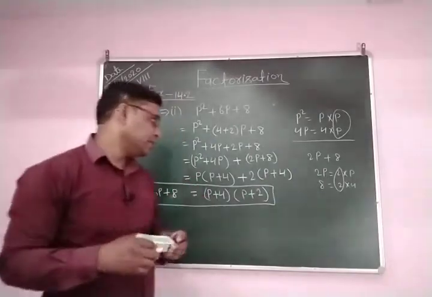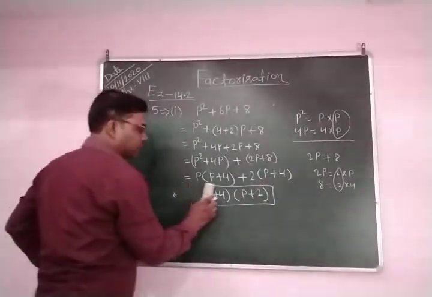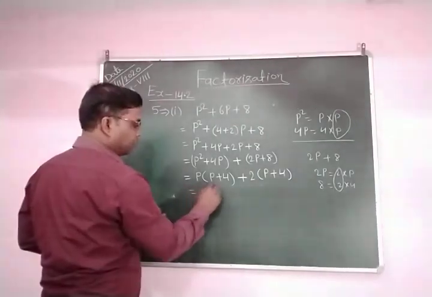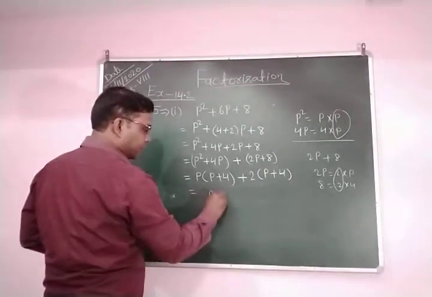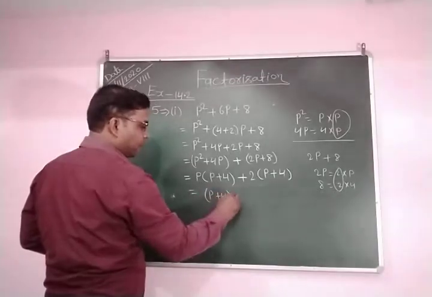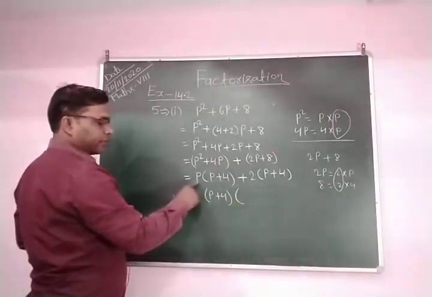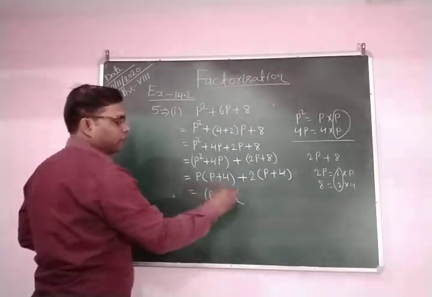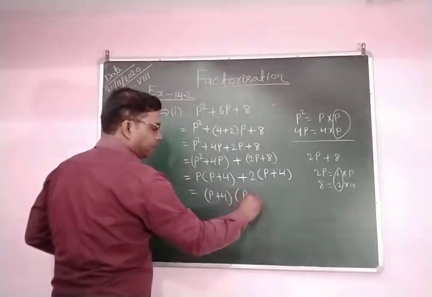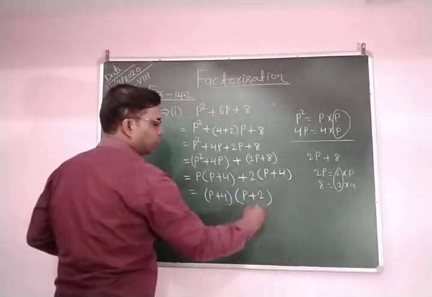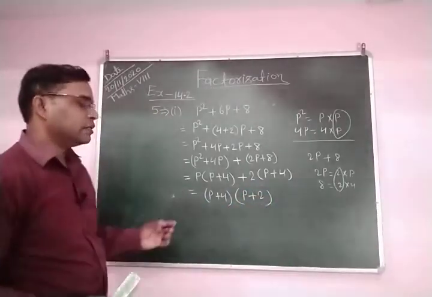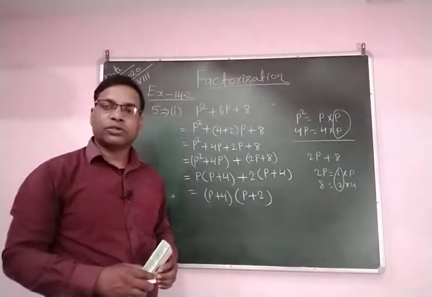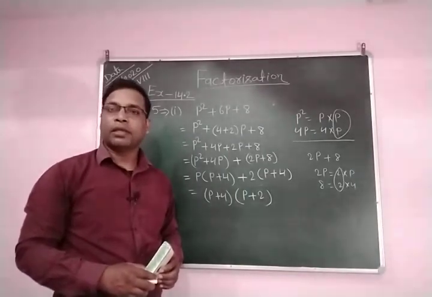If you take p plus 4 common and put a bracket, after taking p plus 4 common we find p plus 2. In this way we find the factors of p square plus 6p plus 8, which is equal to p plus 4 into p plus 2.